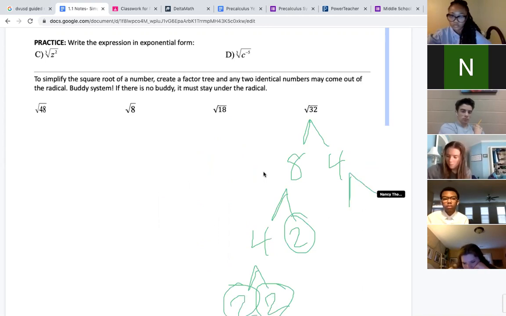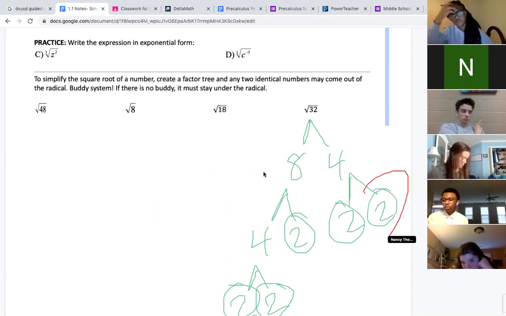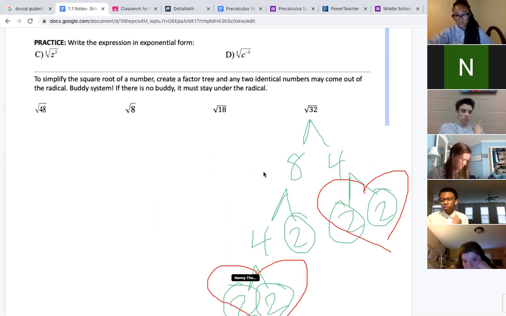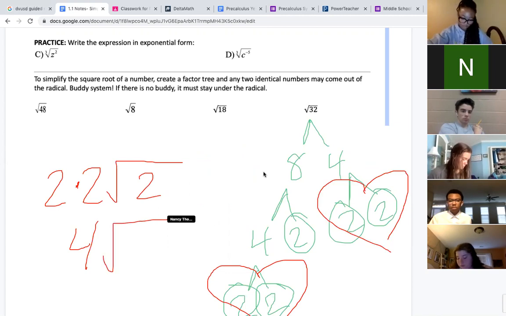And then 4 breaks into 2 and 2 as well. And then we couple off our pairs, and we should have 2 different pairs of 2s. So they both get to go to the prom, both couples, and then a 2 stays at home. So then you should have ended up with 4 root 2.